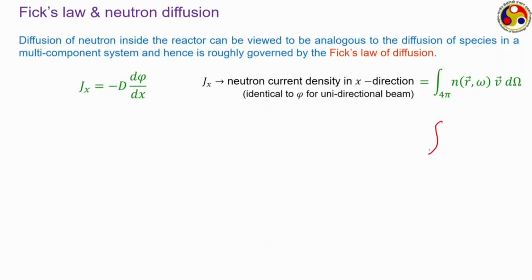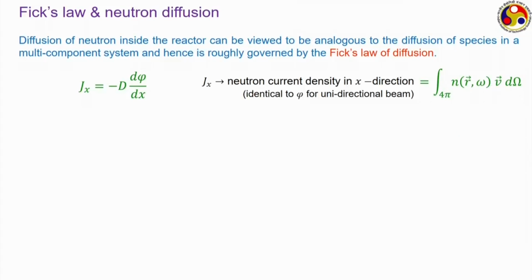Like the expression for phi, it looks similar, but here this V is actually speed, that is a scalar quantity. Accordingly, neutron flux phi is also a scalar quantity, but the V in the definition of current density is a vector quantity because it considers the direction of the velocity vector.